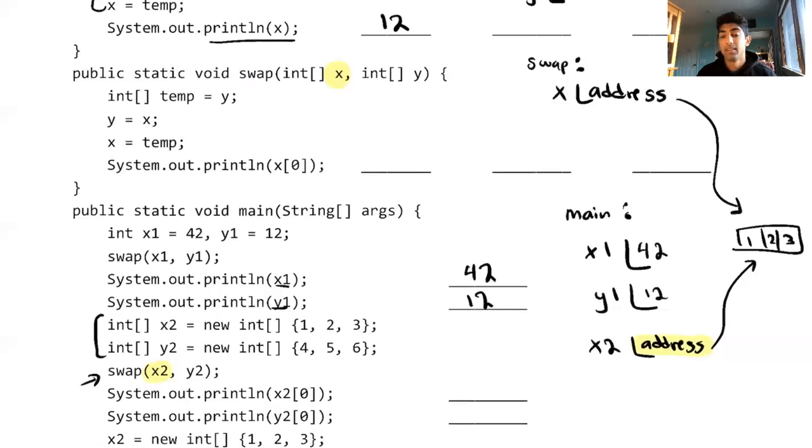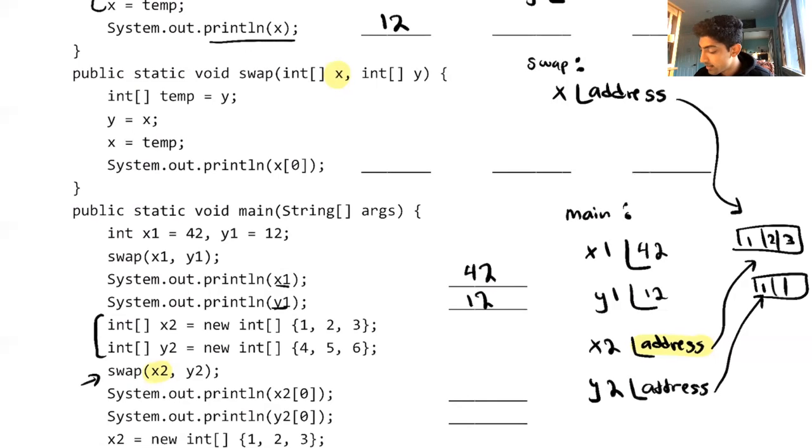Cool. In the same light, we have y2, which is some address. More specifically, it's the address of where 4, 5, 6 is. And then y is also that address.